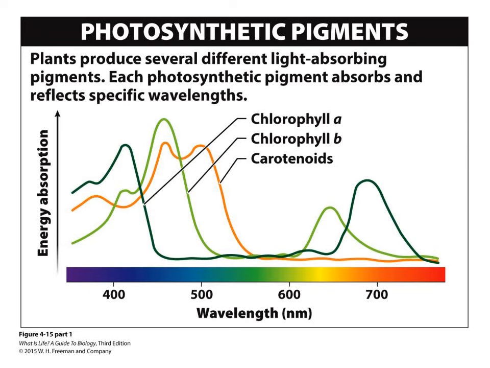So it does not absorb light in the green range. This is why plants are green. The green wavelengths of light are not absorbed by the chlorophyll pigments inside of the chloroplast of plant leaves, and therefore they are reflected back. So what we're seeing is the reflection of that green light that is not being used for photosynthesis.